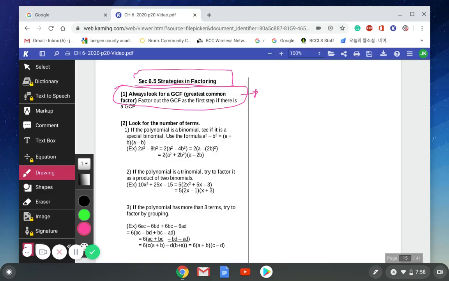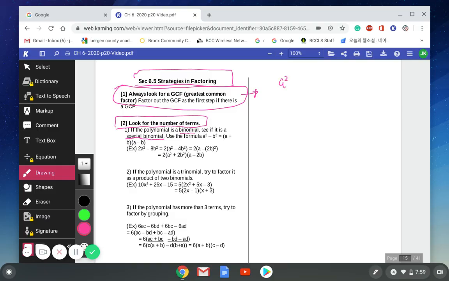Second tip is looking for the number of terms, because depending on how many terms you have, the way you approach to solve may be different. So when you have a special polynomial, or if the polynomial is a binomial, see if that's a special polynomial.